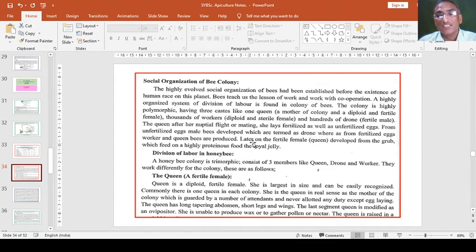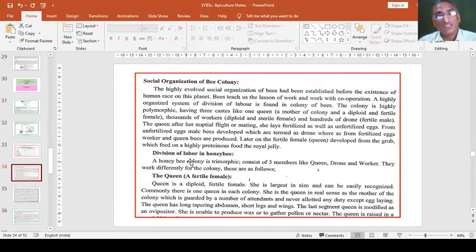If royal jelly is not provided after 3 days to the fertilized eggs, they become workers. They cannot become a fertile female or queen because they are not provided with royal jelly. So royal jelly is a VIP food that is provided only to the bees who are to be made the future queen of the colony.